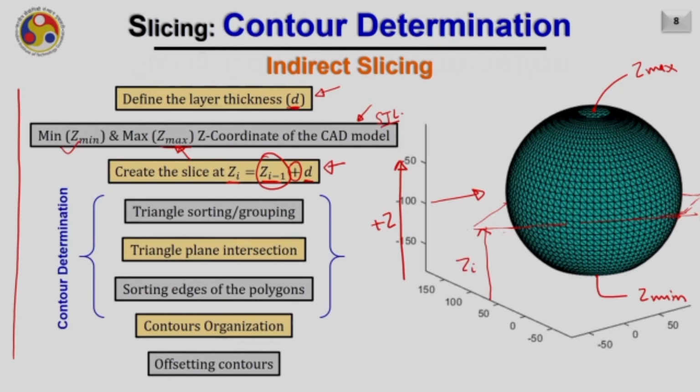Now, we see that not all the triangles are intersecting with the plane. Some of the triangles above, for example these triangles, are not intersecting with this ith slicing plane, and on the bottom also there are some triangles that are not intersecting with it. We have to identify these triangles.